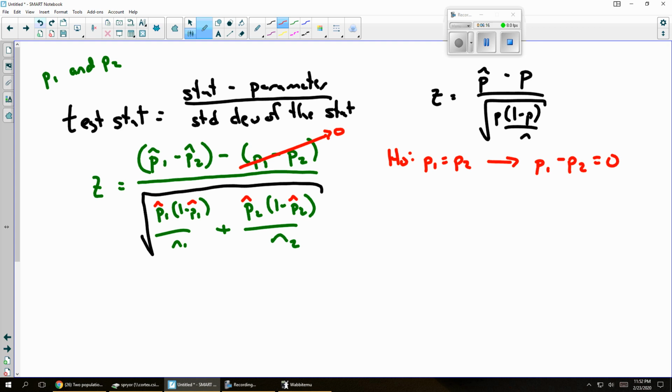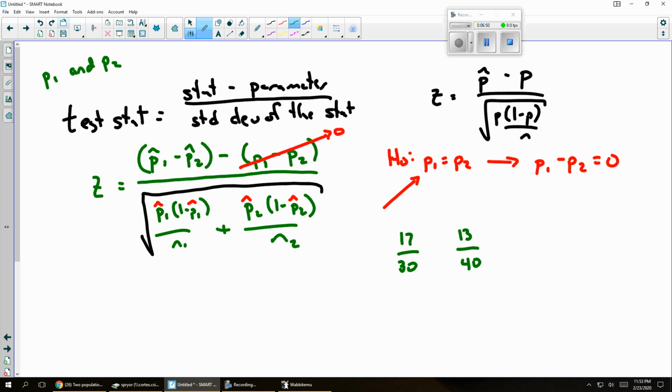If I really want to have a good estimate for P1 and P2, I want to lump everybody together because under this condition, this hypothesis, there's no real difference in my two different samples. Proportion 1 and proportion 2 might as well all be lumped together. Let's say, for example, that proportion 1 was 17 out of 30, and proportion 2 was 13 out of 40.